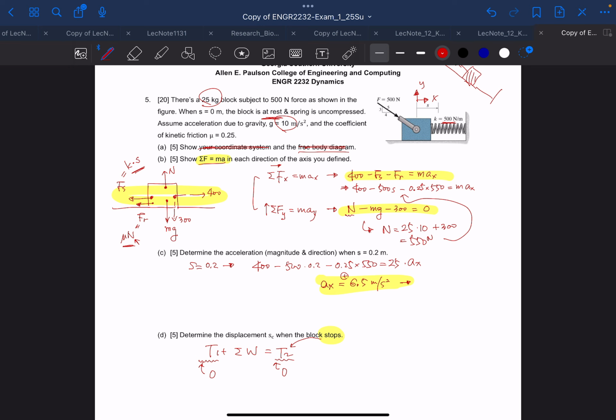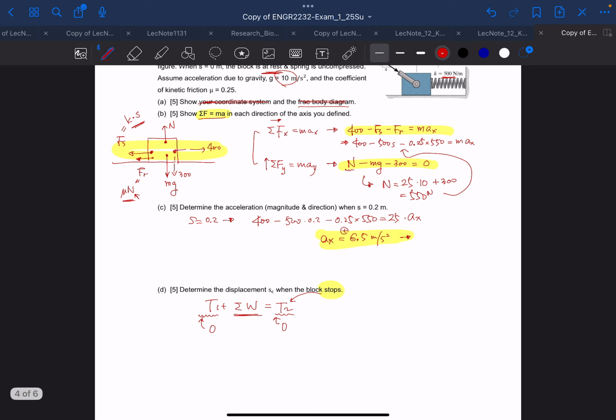Right? So we can just find the summation of all the work, which is done by these forces. So it has 400 times distance s when it's going to stop, F times s, and minus the work done by the spring, 1/2 times 500 times s squared, and then the next one is going to be 0.25 times 550.